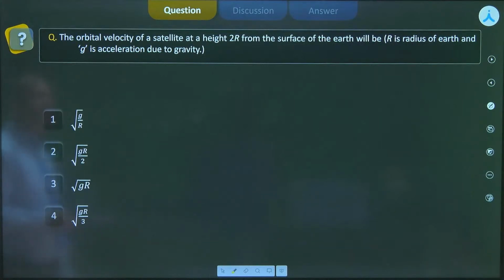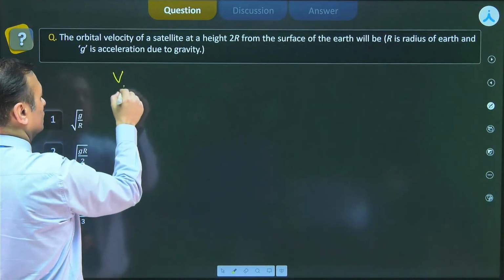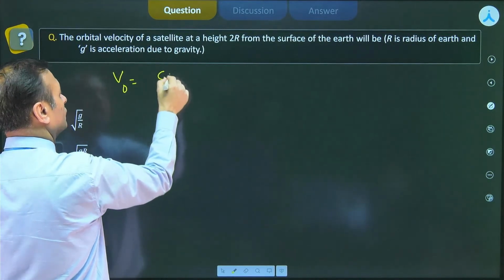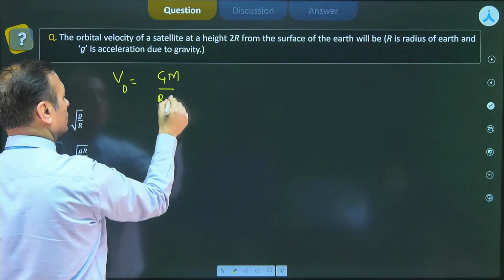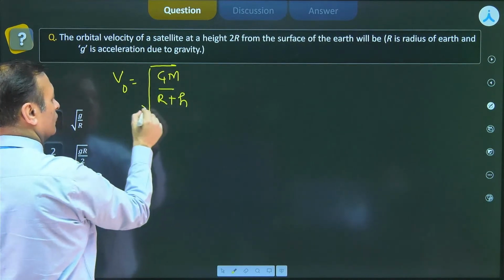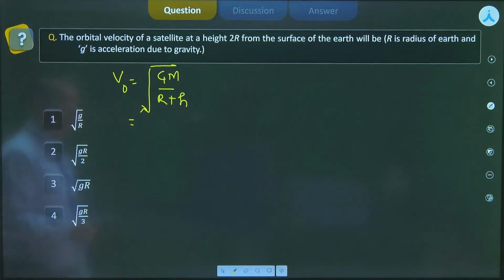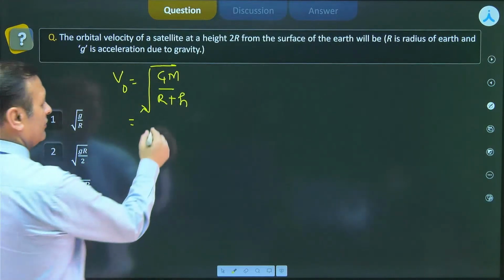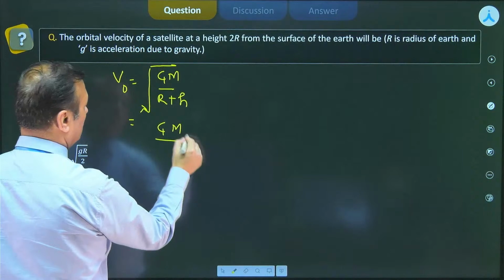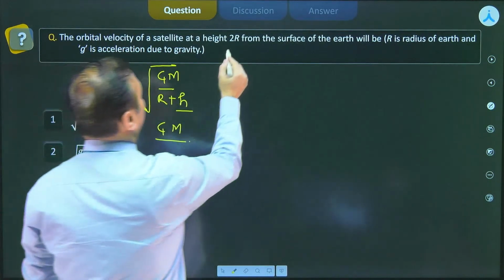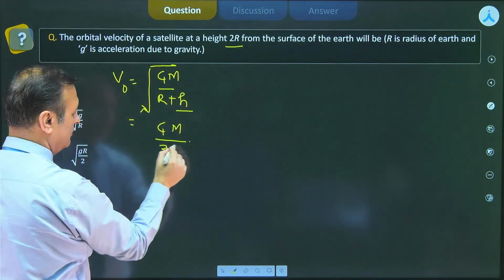The orbital velocity of a satellite at a height 2r from the surface of the earth will be, okay, this is the expression, you just read it. What is the height? 2r, so that becomes 3r.